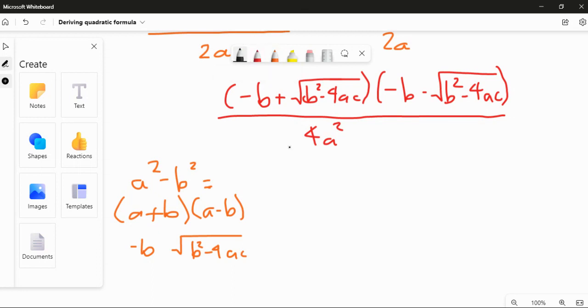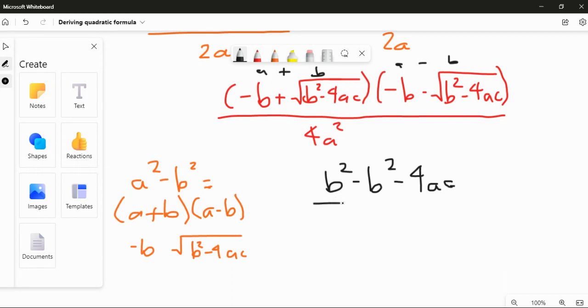So we'll multiply these out, a squared, negative b times negative b, minus b squared, b times b, and we just remove the whole square root sign, since both of them are in the square roots. So we'll subtract b squared minus 4ac.